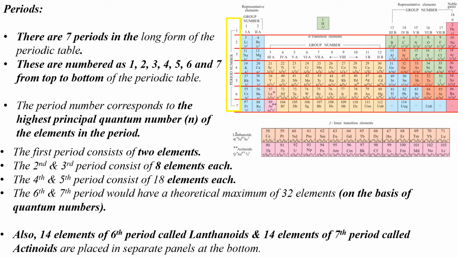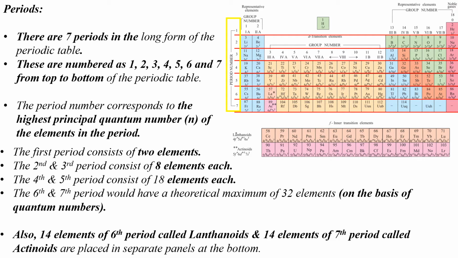Now, how many elements are there in each of these 7 periods? The first period consists of 2 elements. The second and third period consist of 8 elements each. The fourth and fifth period consist of 18 elements each. The sixth and seventh period would have a theoretical maximum of 32 elements on the basis of quantum numbers.